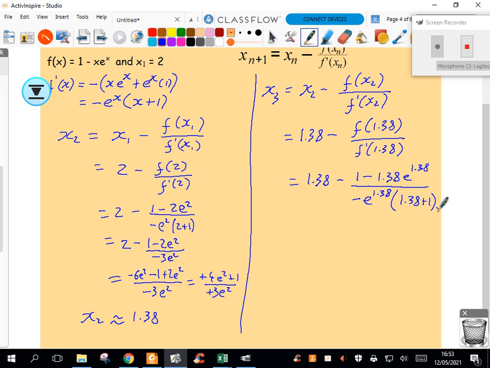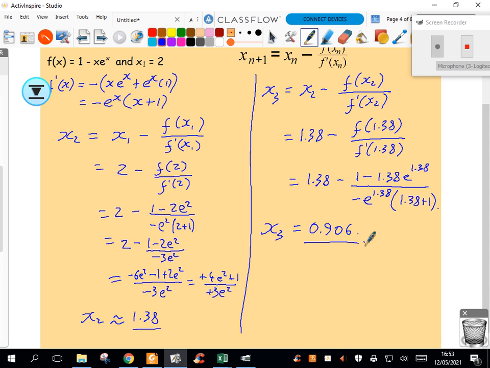And that's giving me 0.906, say, to 3 decimal places. So that's my next approximation. My first guess was x1 equals 2. My next guess is x2 equals 1.38. My next guess is 0.906.